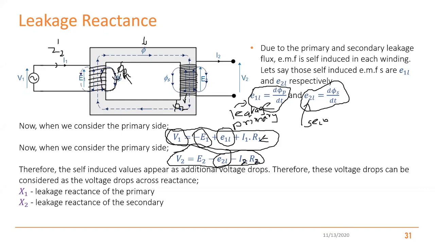So the leakage flux in the primary is represented by reactance X1 and reactance X2, which represents the leakage reactance of the secondary.